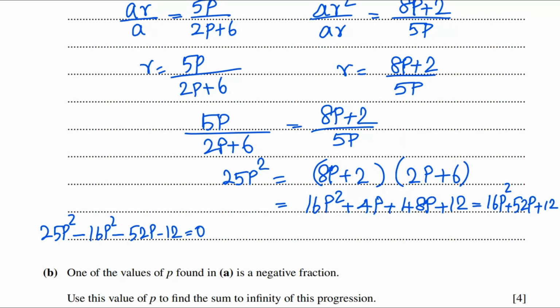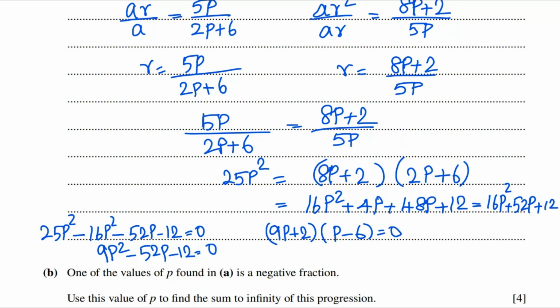So this gives 9p square minus 52p minus 12 equal to 0. Let's factorize this one. So we get 9p plus 2 multiplied by p minus 6 equal to 0.